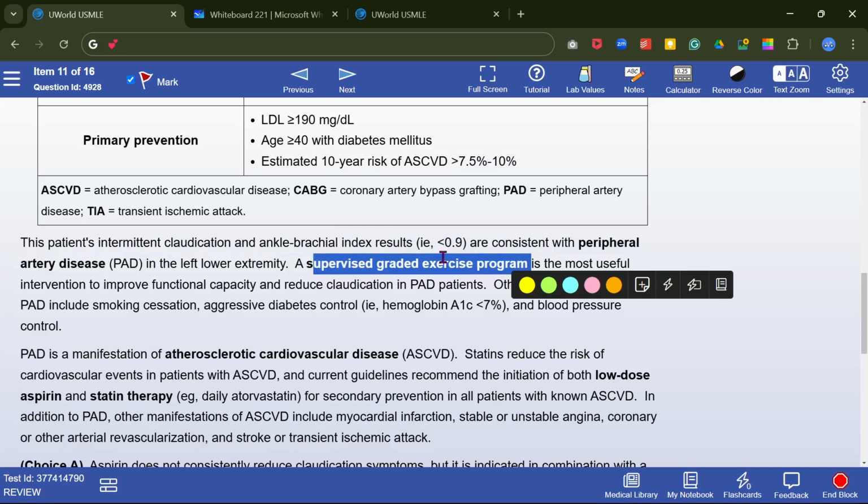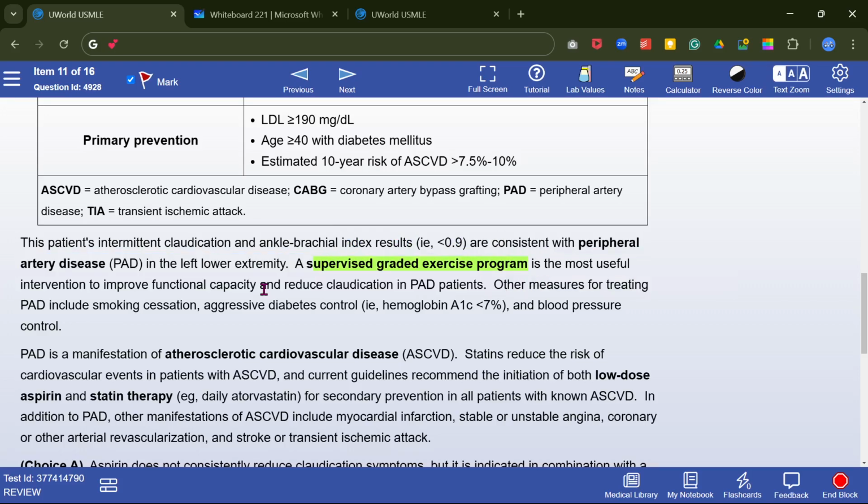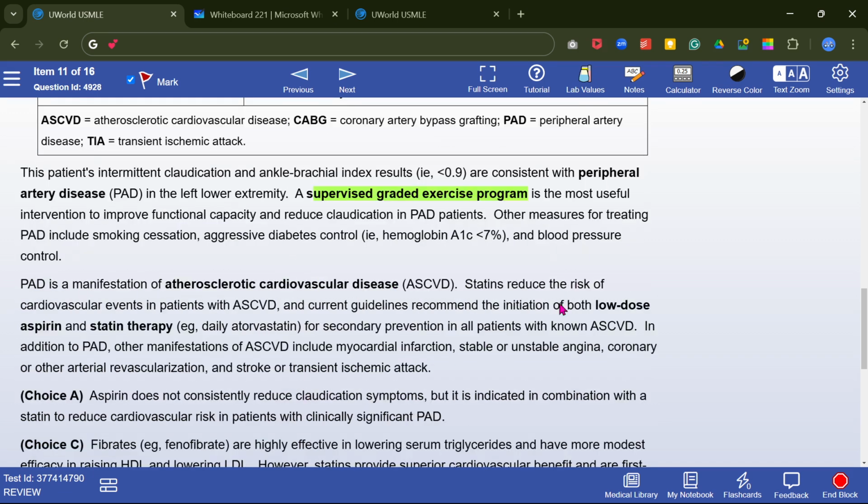A supervised graded exercise program should be done. PAD is a manifestation of atherosclerotic cardiovascular disease. Statin reduces the risk of cardiovascular events.